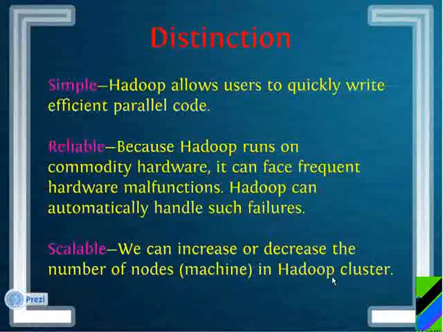Or if you are saying that my jobs are getting completed in pretty less amount of time and I think I don't need 10 machines, okay, not an issue. We can remove a few machines from your cluster. So that is quite flexible. That is completely scalable. As per the requirement, we can adjust the size of our Hadoop cluster. So this is all about the distinction of the Hadoop framework from other frameworks.